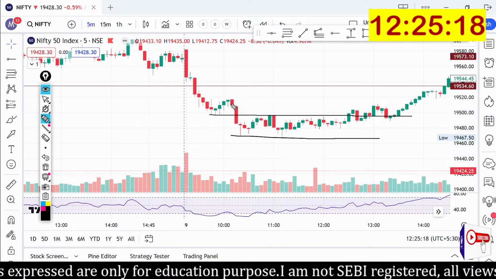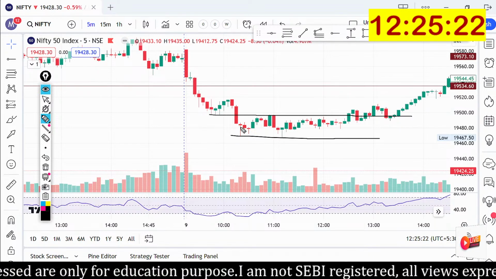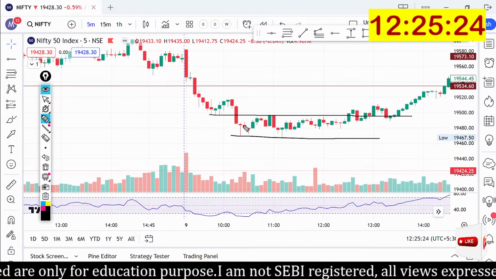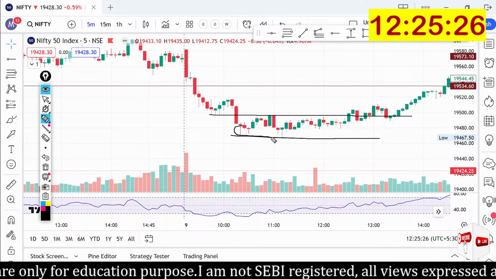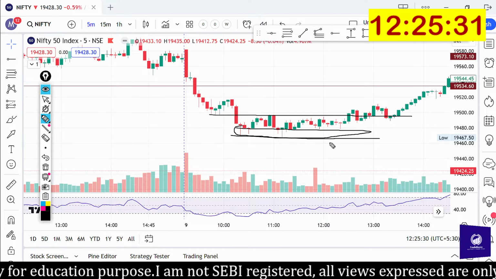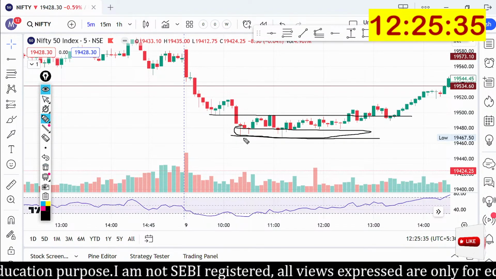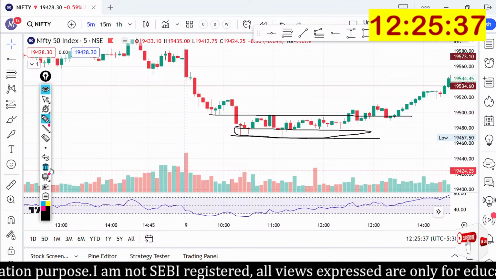Sellers were aggressive, sellers were aggressive, sellers were aggressive. Now in this place, suddenly we are seeing buyers come in. So what happened in this candle?